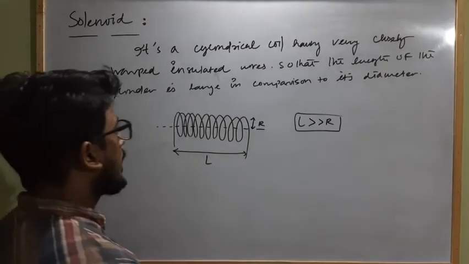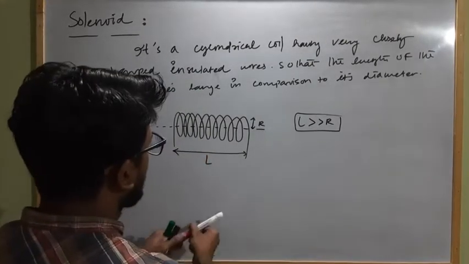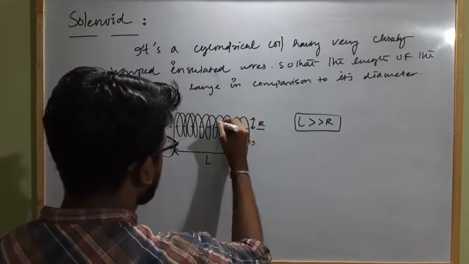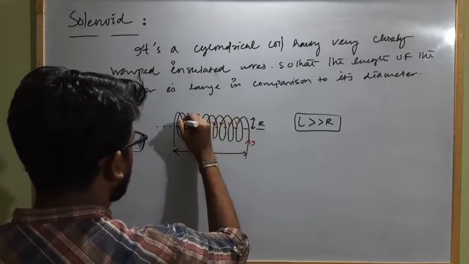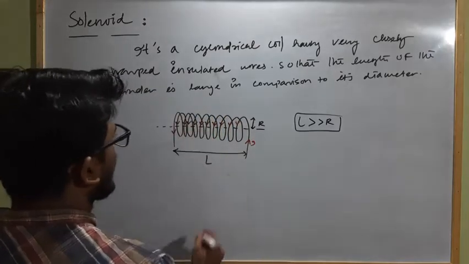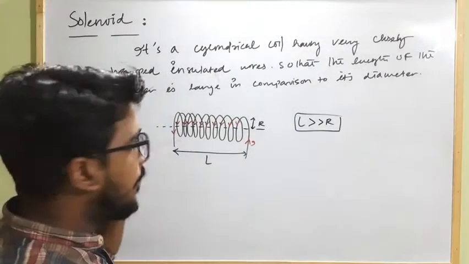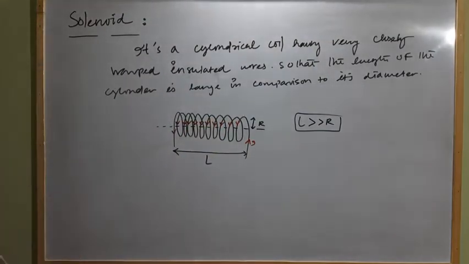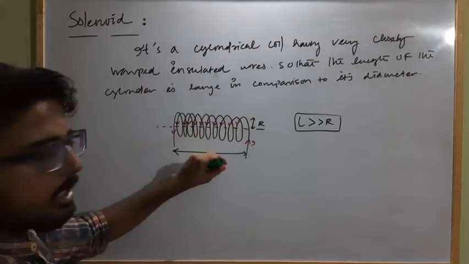So what is the magnetic field strength due to a solenoid? If I allow current to flow like this, current in this coil will flow like this, then what will be the magnetic field strength within this solenoid? So now let's calculate the magnetic field strength due to this solenoid.